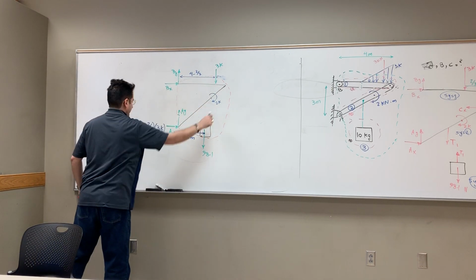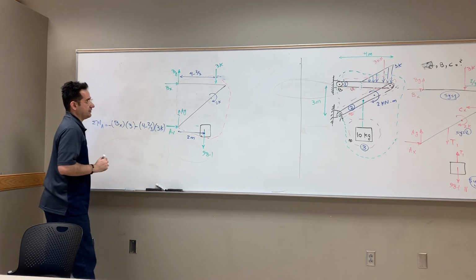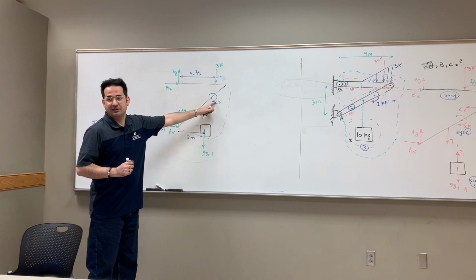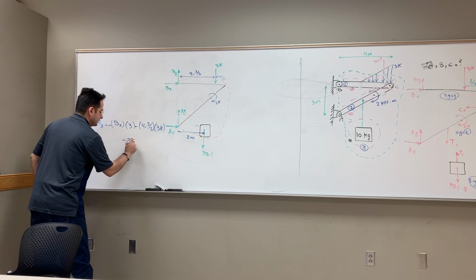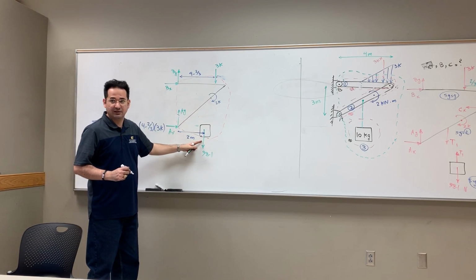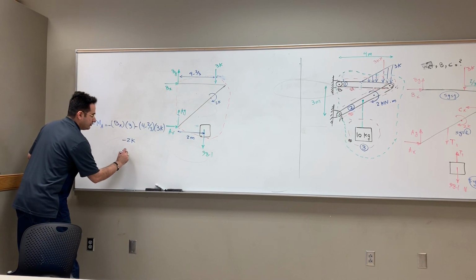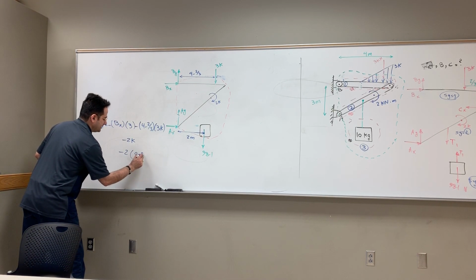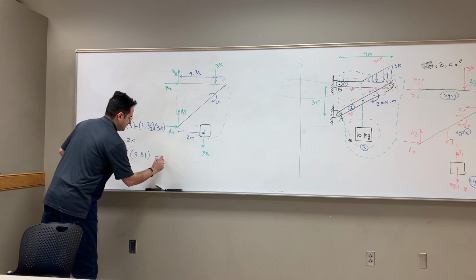So positive or negative? Negative. What else? Minus 2k. It has a k here. Then the next thing: minus 2 times 9.81, is equal to 0.